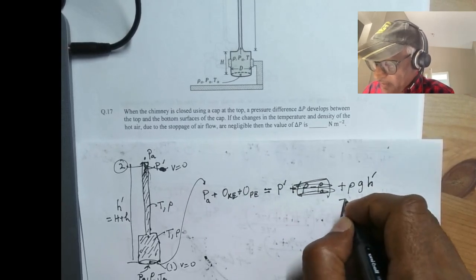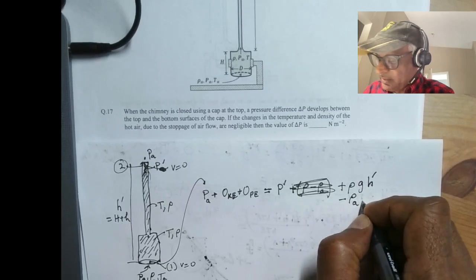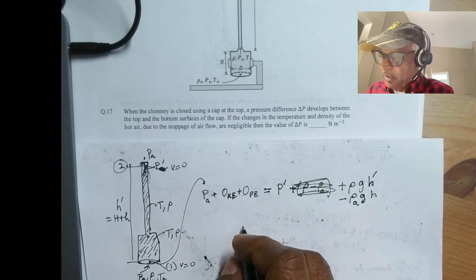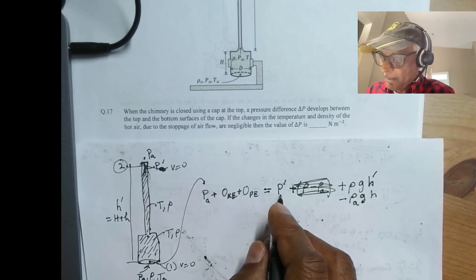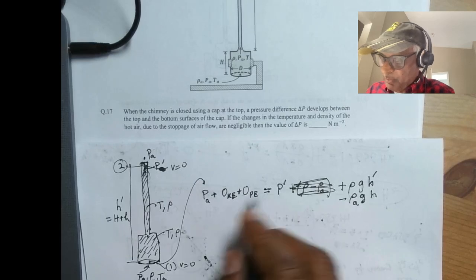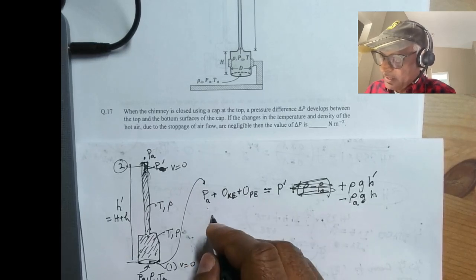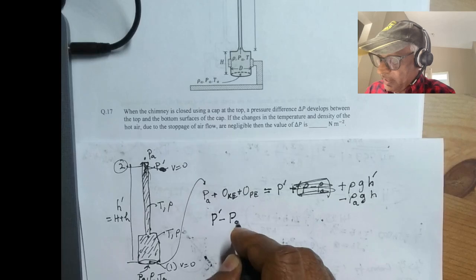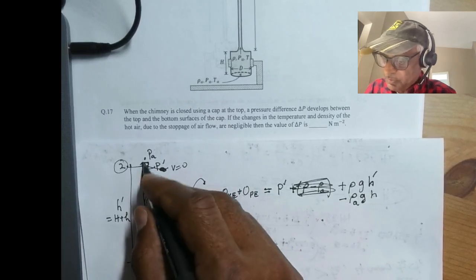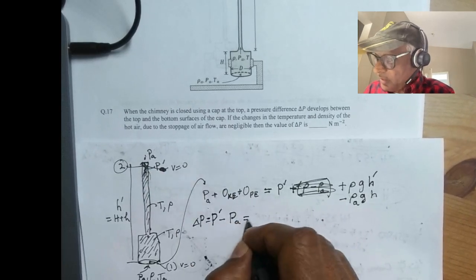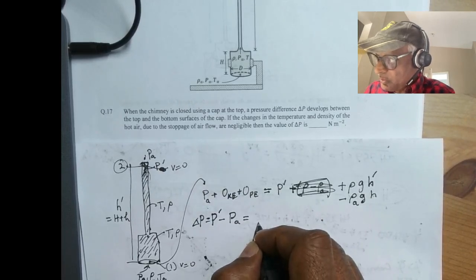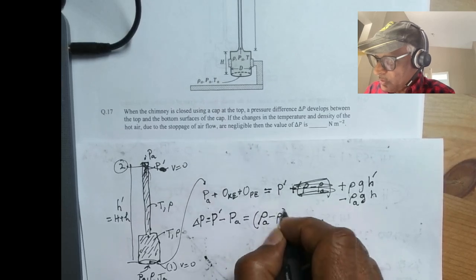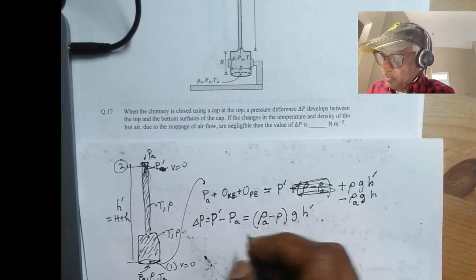I'm going to subtract our rho A, which came in, GH. And so we're looking for P prime minus PA. So P prime minus PA, so that's delta P, that's the difference between these two, that equals rho A minus rho GH prime.